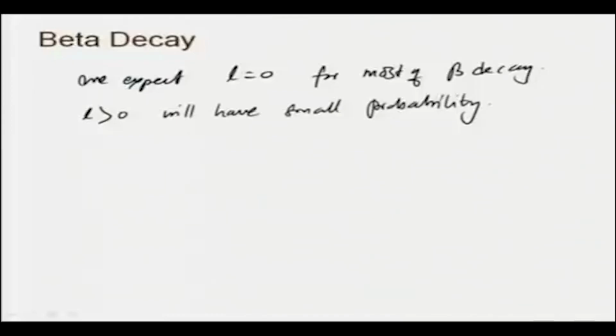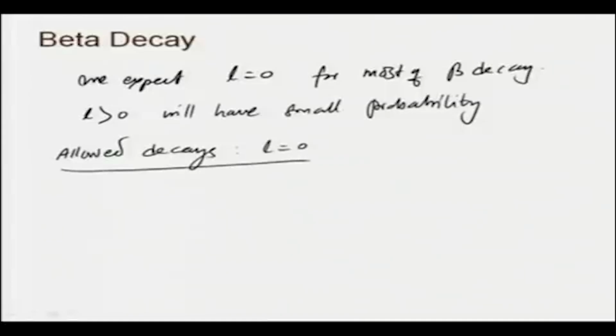Alright, so now if we consider L equal to 0, which is incidentally called allowed decays, meaning L equal to 0, which is the one allowed by this, and the rest, L not equal to 0, are called forbidden decays, which actually means that they are less likely to happen, not completely forbidden.